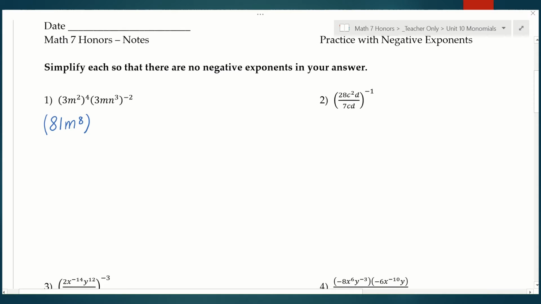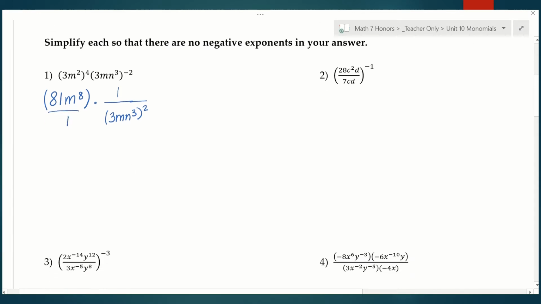My next step is going to be to take this monomial and raise it to the negative 2nd power. So remember, anytime you have a monomial that's raised to a negative exponent, you want to start by rewriting it as 1 over that monomial, but now to the positive outside exponent. And just to make this look a little nicer, I'm going to make that first monomial a fraction also.